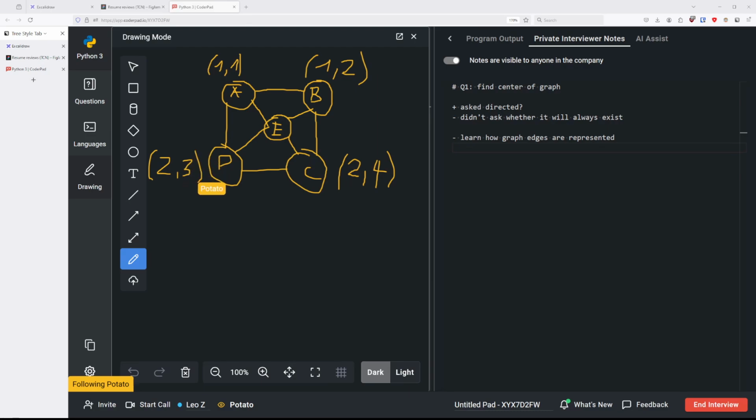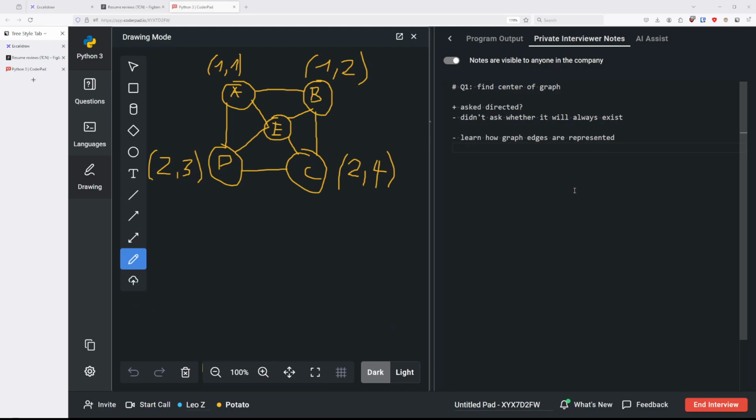For the pair of integers, can it be negative values, or does it only contain positive values? I want to clarify something here. I think there's a bit of confusion. Just to be clear, every node is a number, and a pair of numbers is an edge. Oh, I see. Okay, got it.